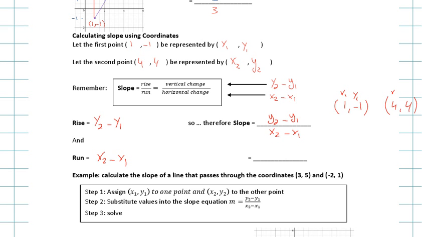Are we okay with that so far? So all I have to do is take the values and replace them for the corresponding letter. What's the value of y2? y2 is 4. So I'm going to replace this y2.